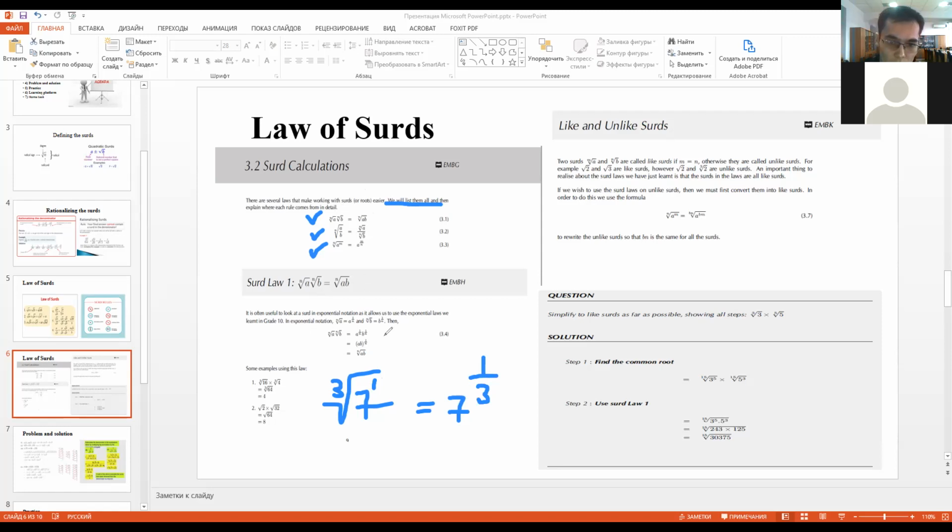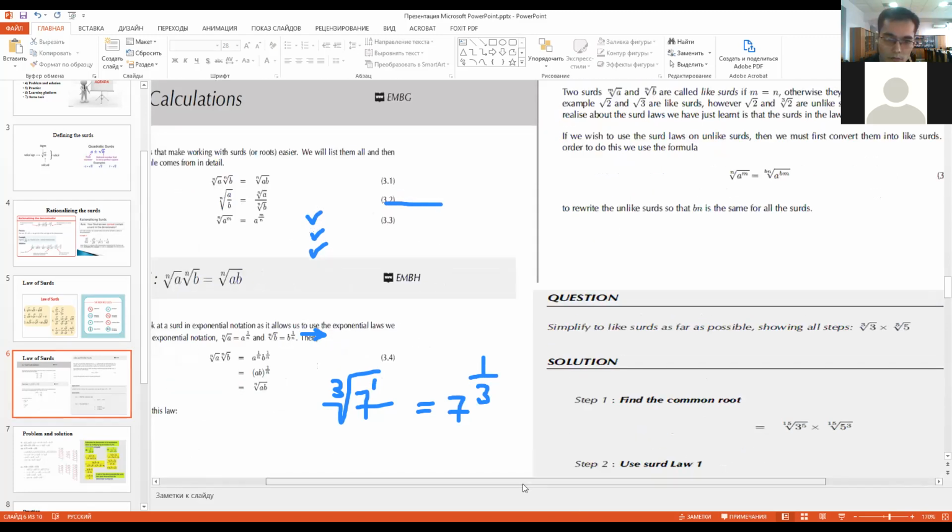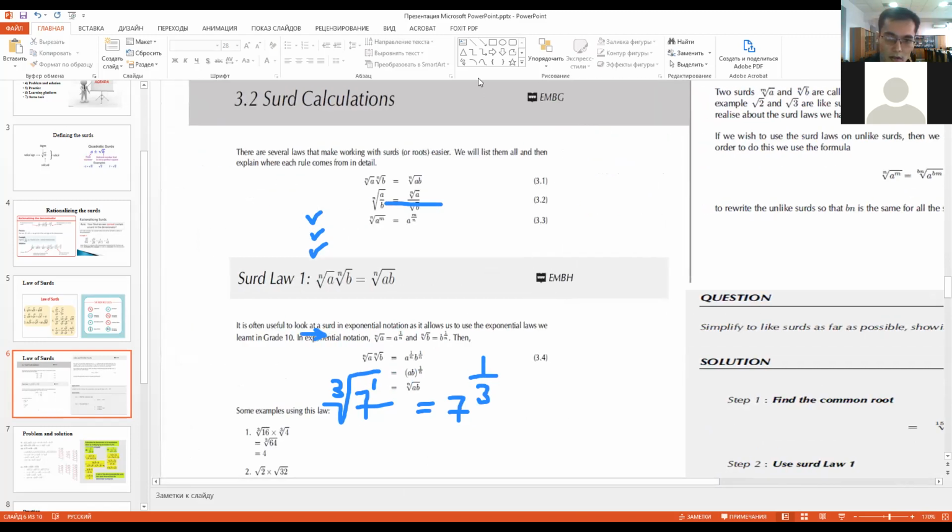And you can also do the same with the surds as well. Just let's zoom on this problem. Now you can see clearly, right? Look at this.